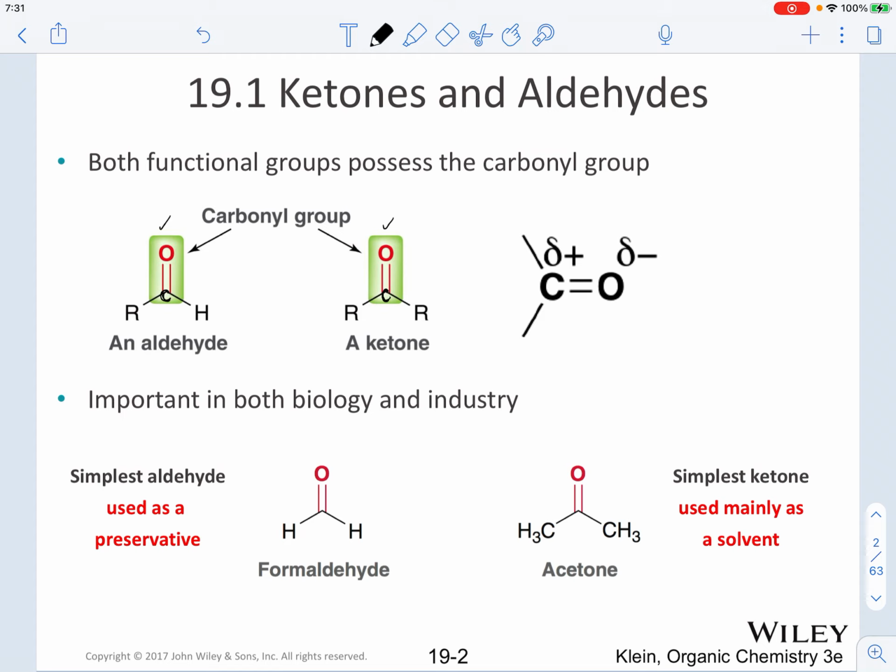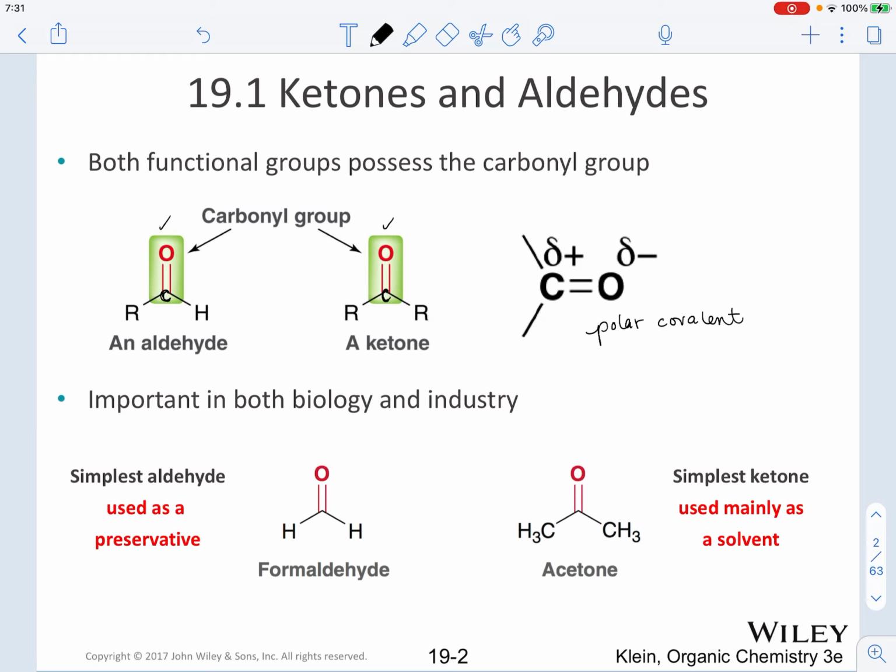In the illustration that we have in the top right corner, next to what represents an aldehyde and a ketone, you can see that the carbonyl group is specifically a polar covalent bond. And it is polar covalent because of the electronegativity difference between carbon and oxygen.